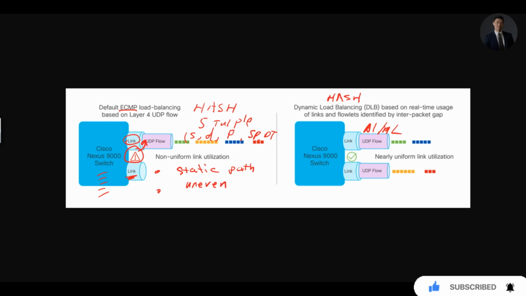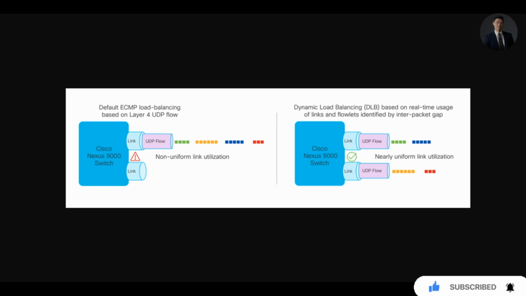So what is challenging in AI ML networks? AI ML training networks often use a spine and leaf architecture, and exhibit traffic patterns that amplify ECMP's weaknesses.